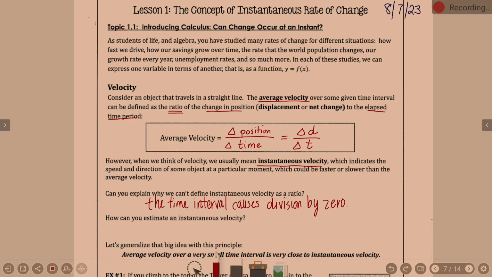Okay, so the time interval causes division by 0. How can you estimate an instantaneous velocity then? If the issue is that we can't divide by 0 because it's just at an instant, at that point in time, how can you estimate instantaneous velocity?